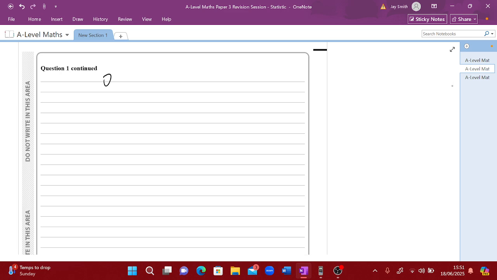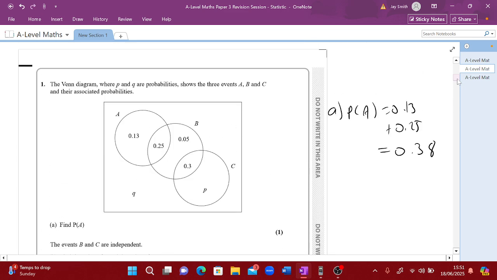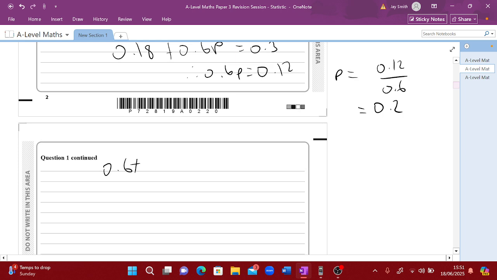Then the other numbers are 0.13, P and Q. Now P is 0.2, add Q, and that adds up to 1. Therefore Q is simply 1 take away the others. 1 take away 0.6, take away 0.13, take away 0.2, and you get 0.07.